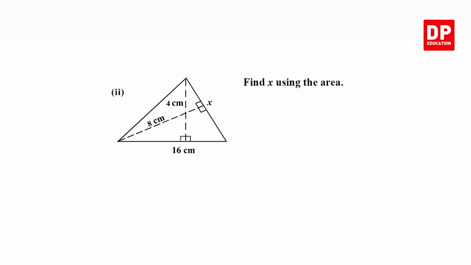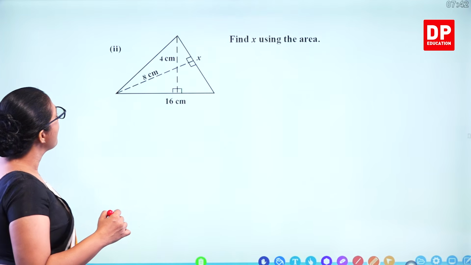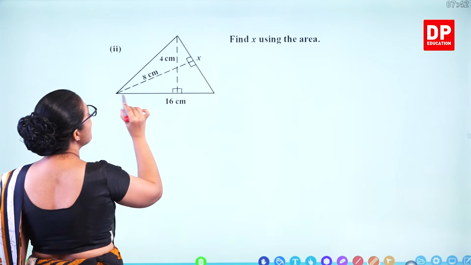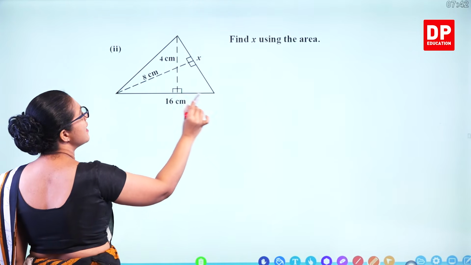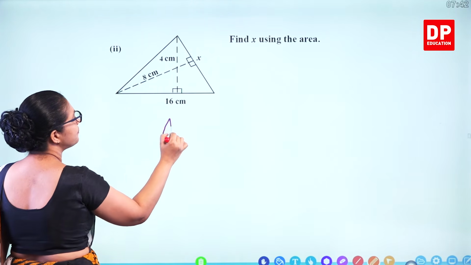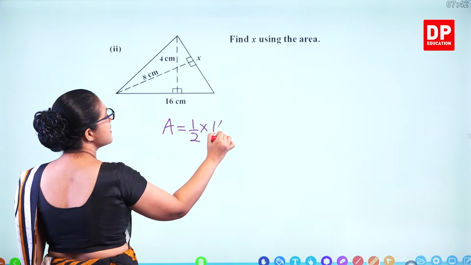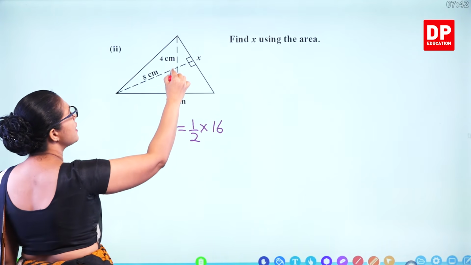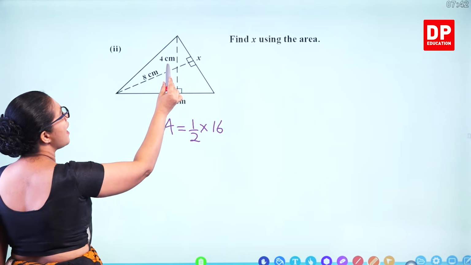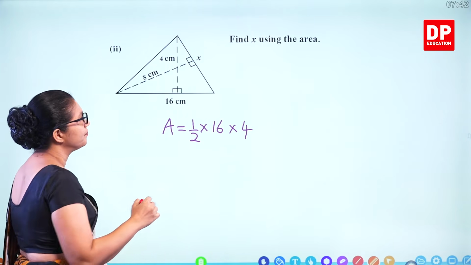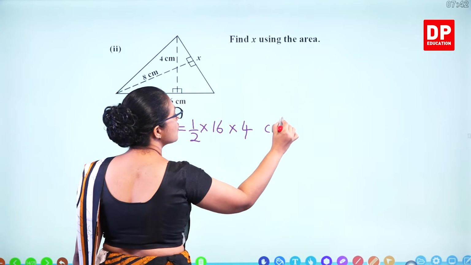Find x using the areas. Now this is the same triangle. If you take base length is 16 here, what's the area? Half into base length 16, and what's the perpendicular height? Perpendicular height is 4. So that's the area, centimeter square.